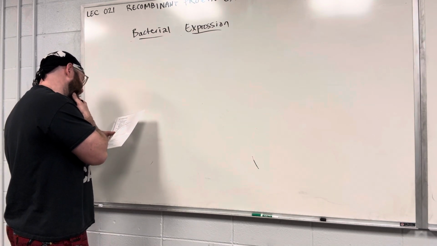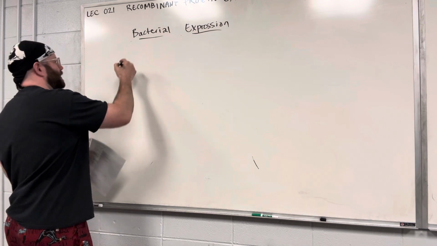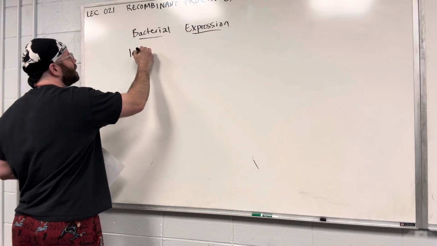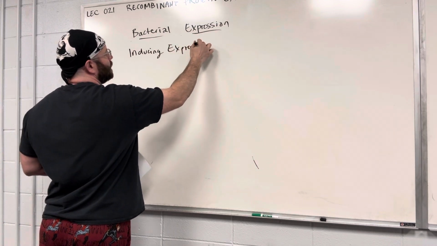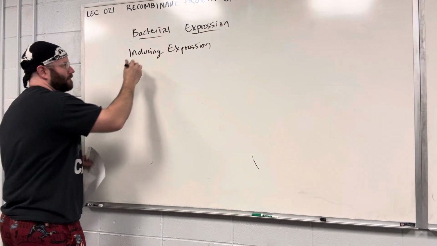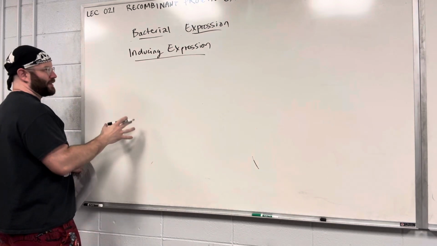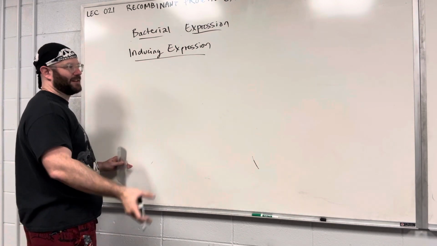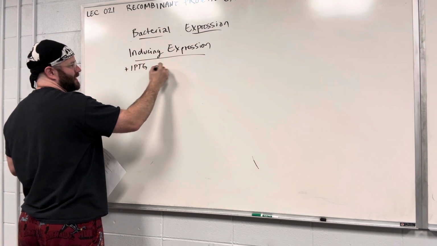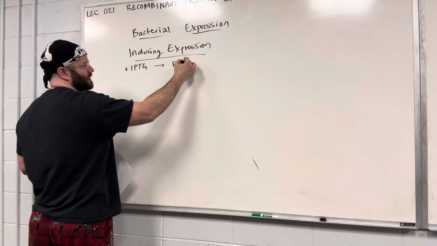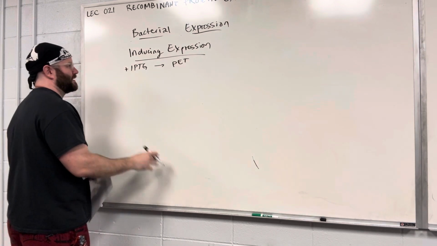Okay, let's talk about inducing expression. The most common ways to induce expression, we've already talked quite a bit about in the context of the operons. One of these is with IPTG. That's typically compatible with the PET plasmids, which if we have time, I'll draw out some PET stuff.